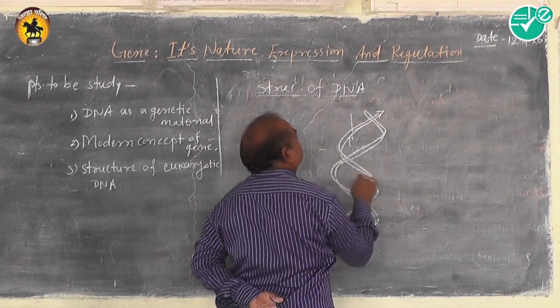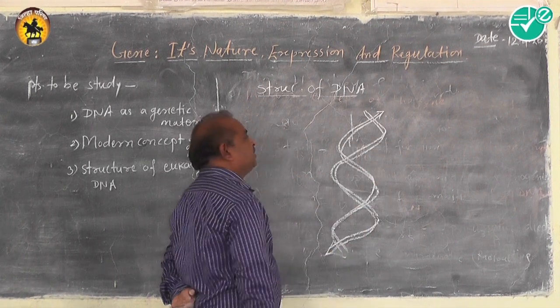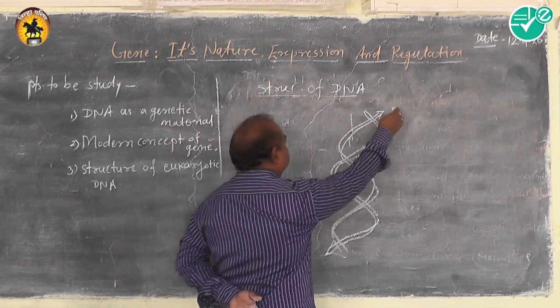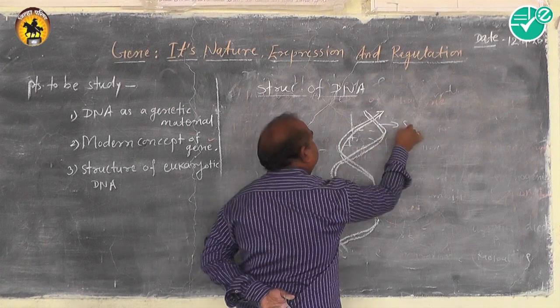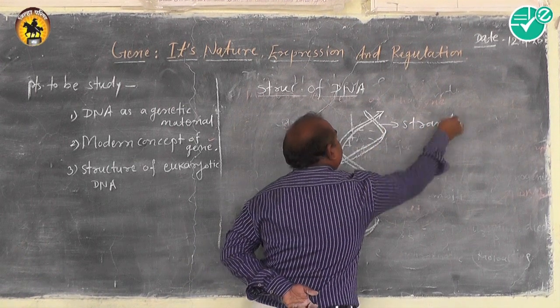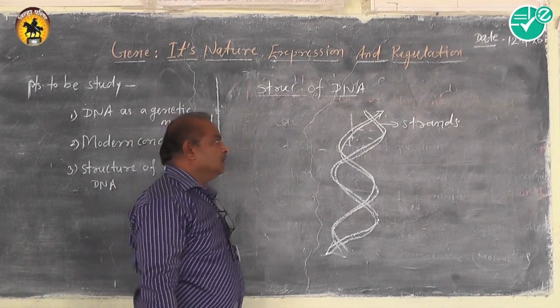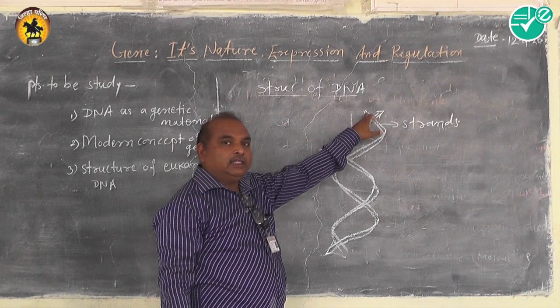One strand is in the upward direction, that is ascending, and the other strand is the descending strand. In the Watson and Crick model, the DNA strands are running parallel to each other. This is one ascending strand, this is the descending strand.